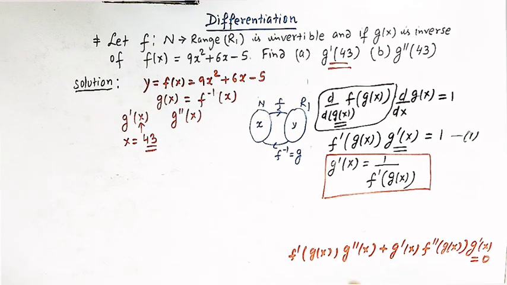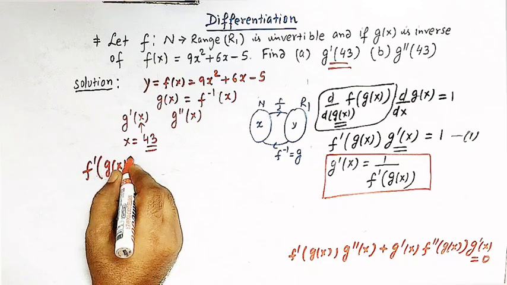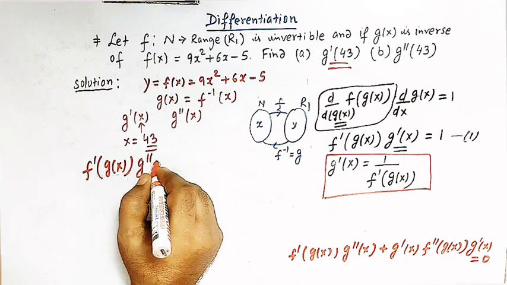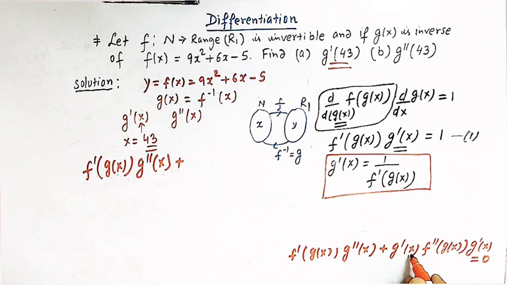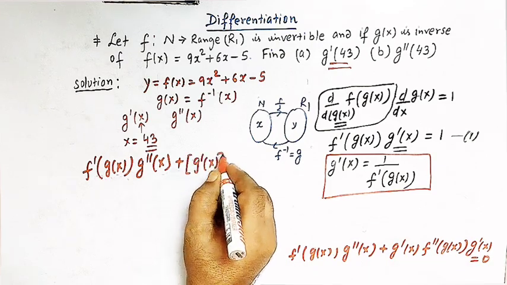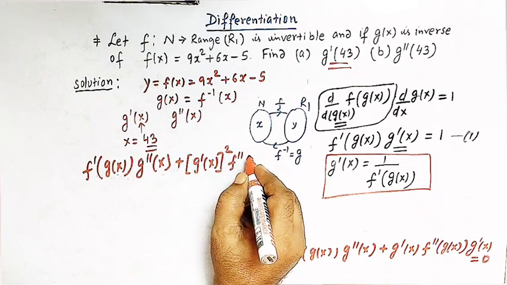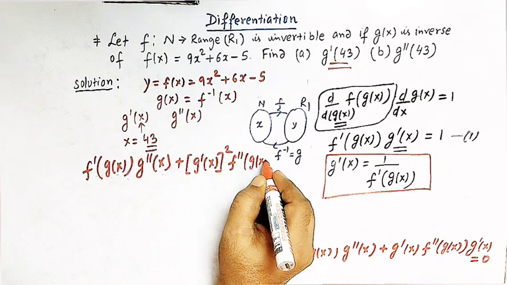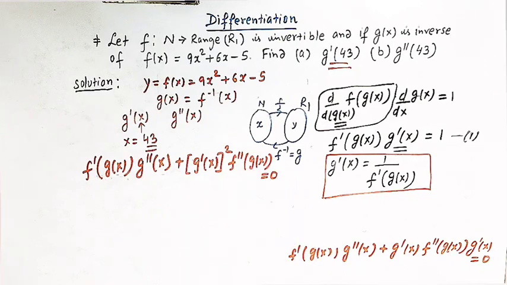So now let us rearrange the terms here. So we have f prime of g of x and g double prime, and then here we have g prime of x and g prime of x. So multiplying these two together, we have the square of g prime of x, and then we have f double prime, and here we have g of x, and this is equal to 0.